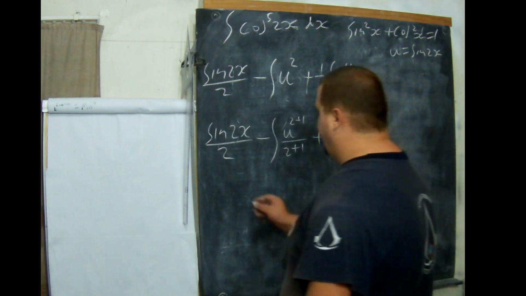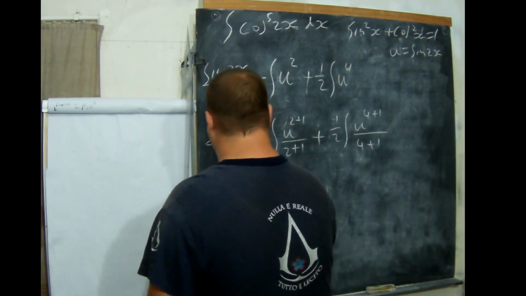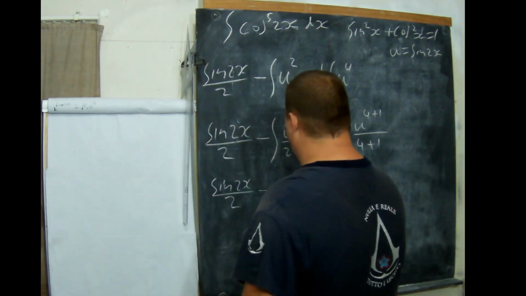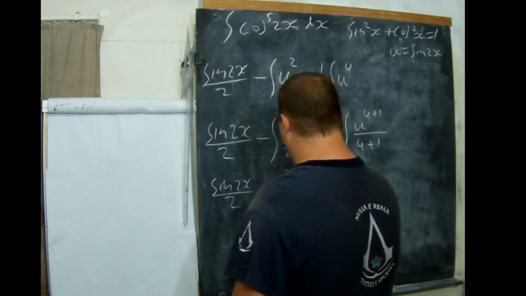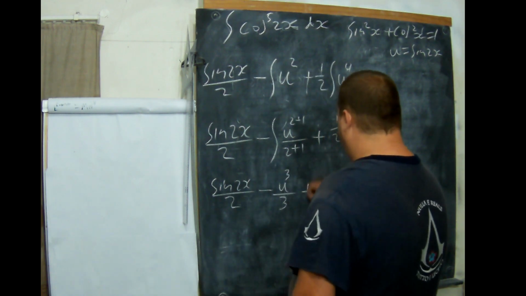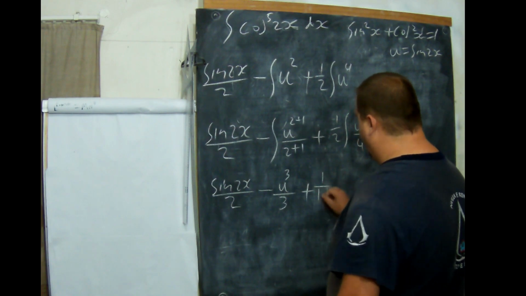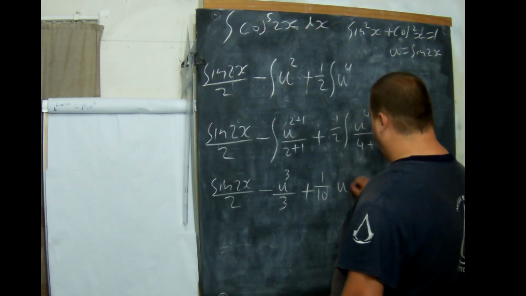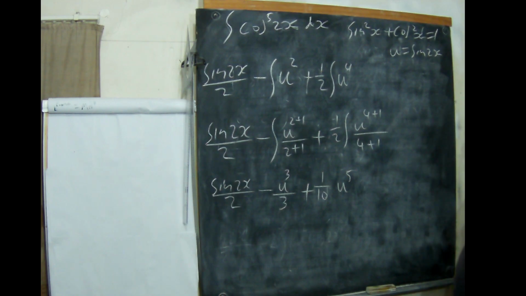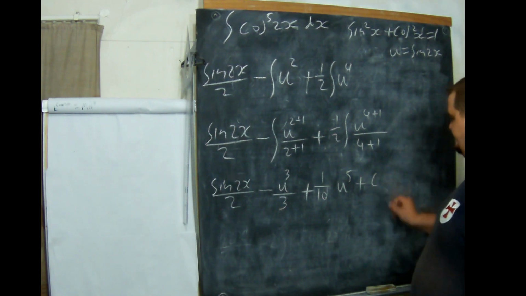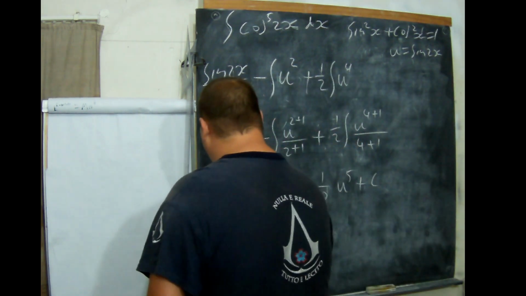So what we have now is sine 2x over 2 minus u cubed over 3 plus, now 5 times 2 is 10, so 1 over 10 u to the 5th power, plus c. Now all we have to do is put our sine back in.